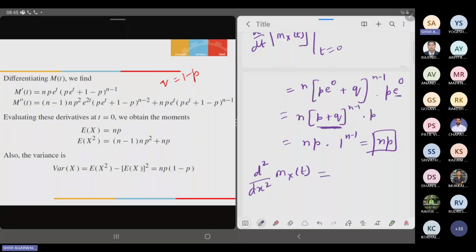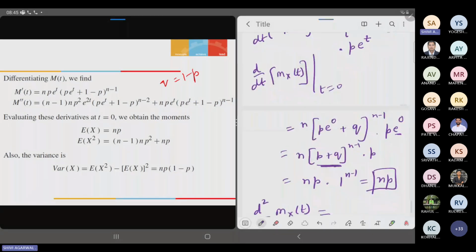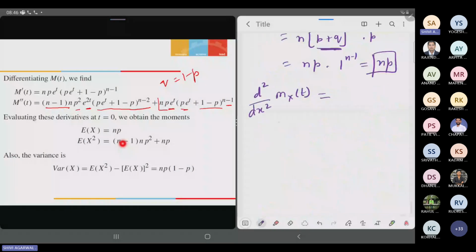When we differentiate it, it will become n(n-1) p^2 e^(2t) (p e^t + q)^(n-2). Correct? This is the first term. The second term is n p e^t (p e^t + q)^(n-1). Correct? Now we put t equal to 0 in this case.